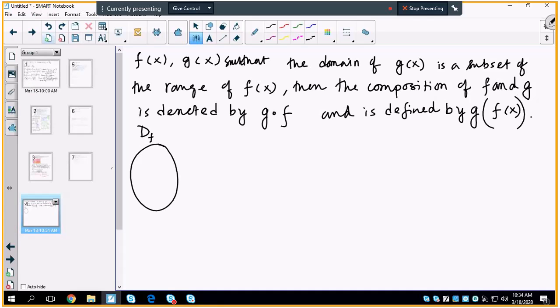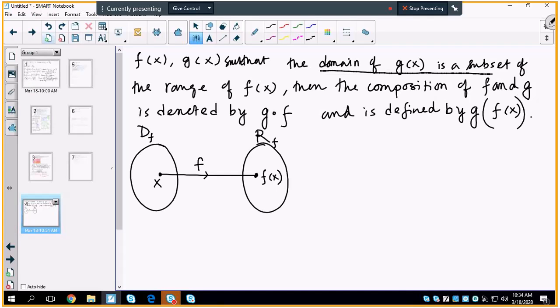So what f is doing, it is taking input from this domain and giving you output in this range for the function f. For example, say this is x. You are using this rule f and you are getting a new output, a new height, a new value, f of x.